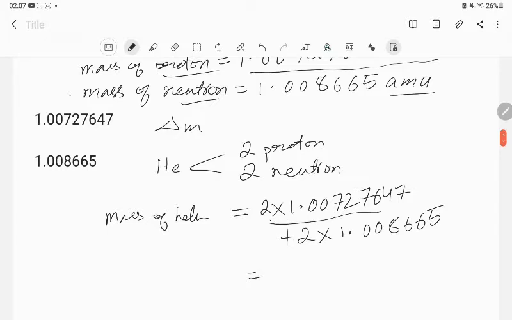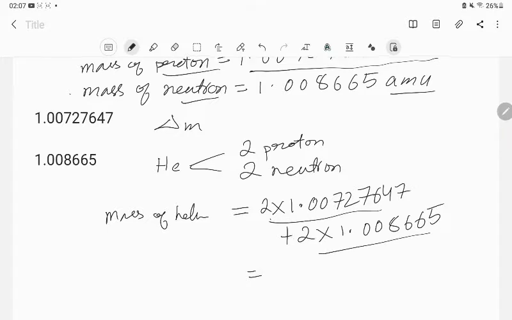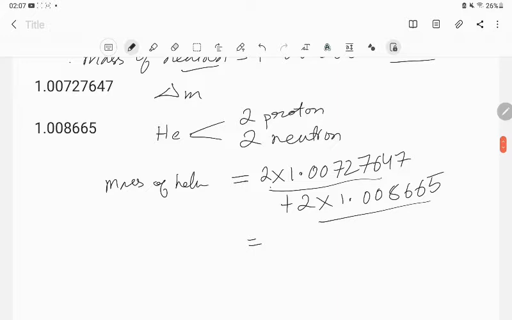You multiply these and add them, and you will get the mass of helium.